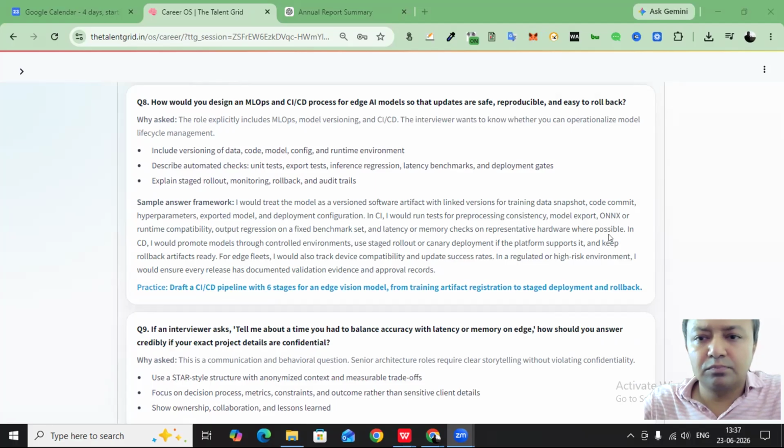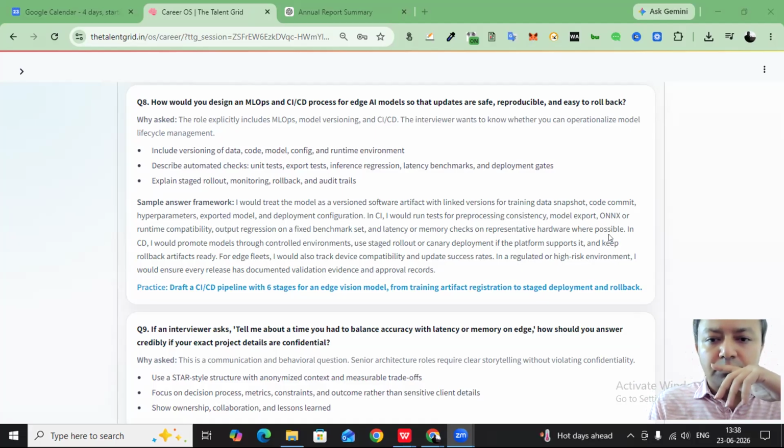So the CI pipeline should include unit tests, pre-processing validations, model export tests like ONNX or TensorRT, inference regression tests, and including latency benchmarks and some security checks. The deployment gates should also ensure that accuracy, latency, and thresholds are met before promotion.